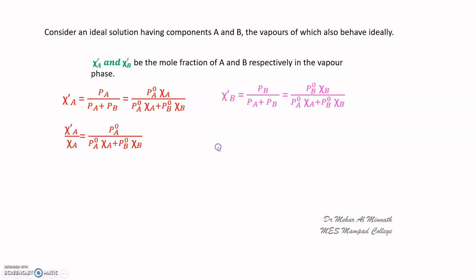If we take this equation of chi prime A and divide LHS and RHS by chi A, what you get will be chi prime A by chi A equal to P naught A by P naught A chi A plus P naught B chi B.